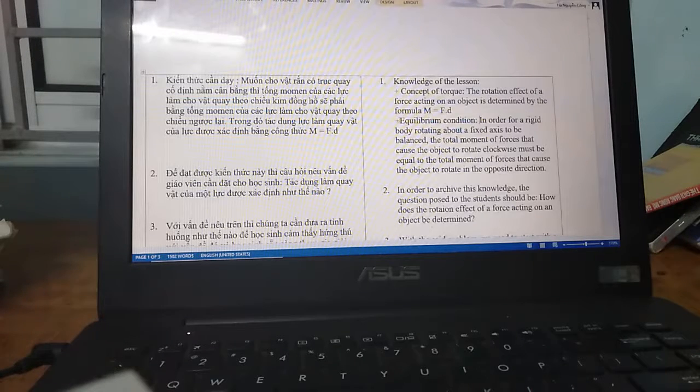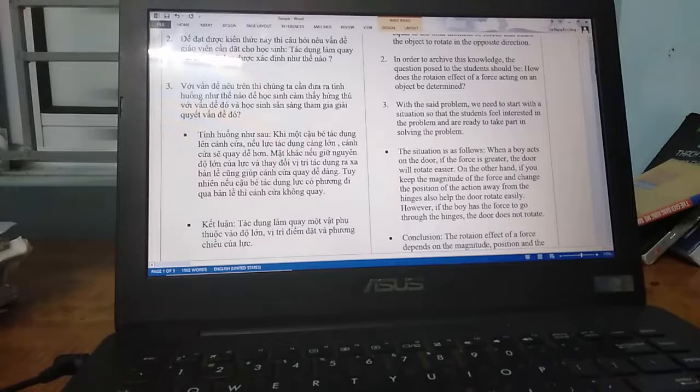In order for a rigid body rotating about a fixed axis to be balanced, the total moment of forces that cause the object to rotate clockwise must be equal to the total moment of forces that cause the object to rotate in the opposite direction. In order to achieve this knowledge, the question posed to the students should be: how is the rotation effect of a force acting on an object determined?